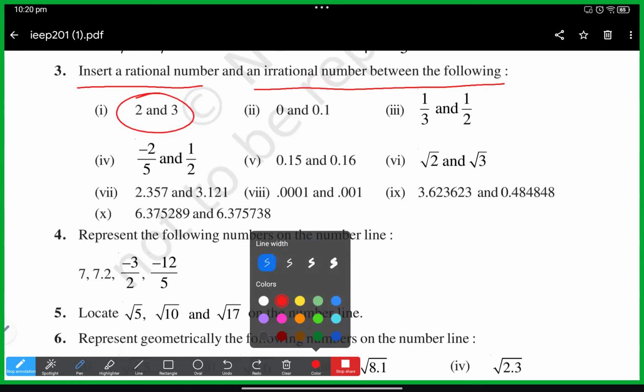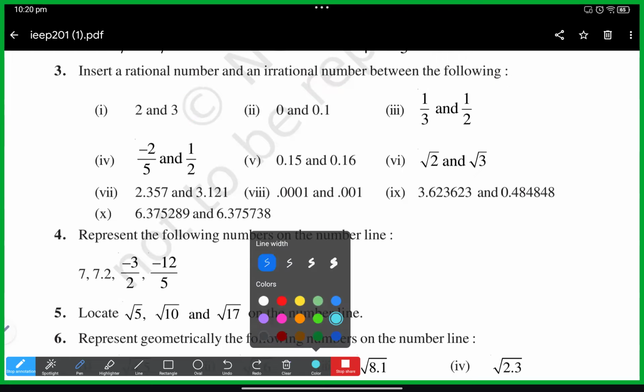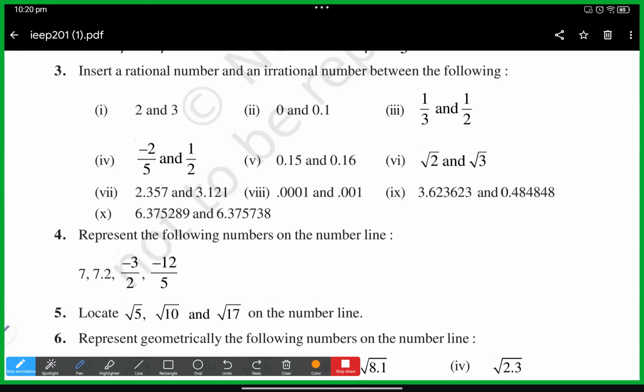Can we? Yes, sir. Now between 2 and 3 we can directly tell a rational number, 2.1. And for an irrational number, we know we should write a non-terminating, non-recurring decimal.